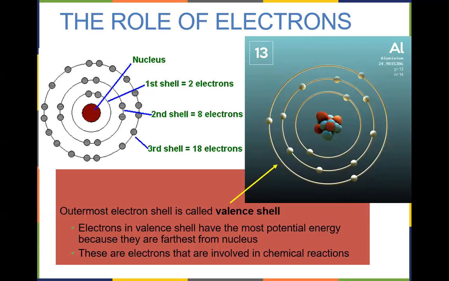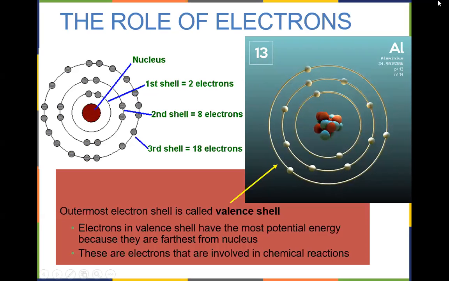Now for hydrogen, hydrogen's sort of out of luck because its only shell is also its valence shell. So the hydrogen electrons don't have a lot of potential energy. They have some, not very much. The further you are from the nucleus, the more potential energy you're going to have.